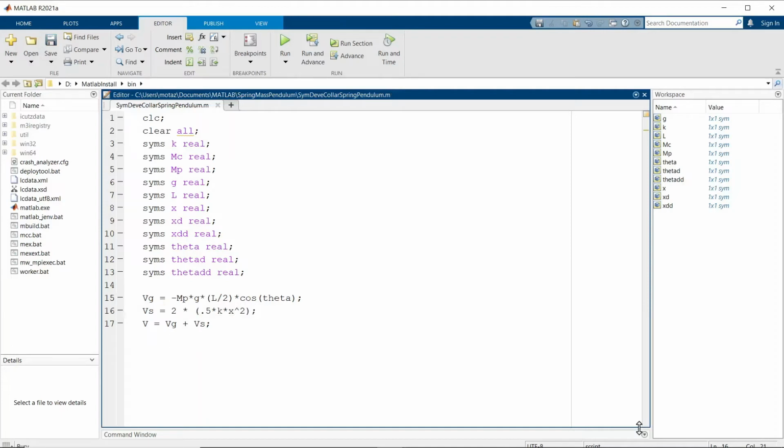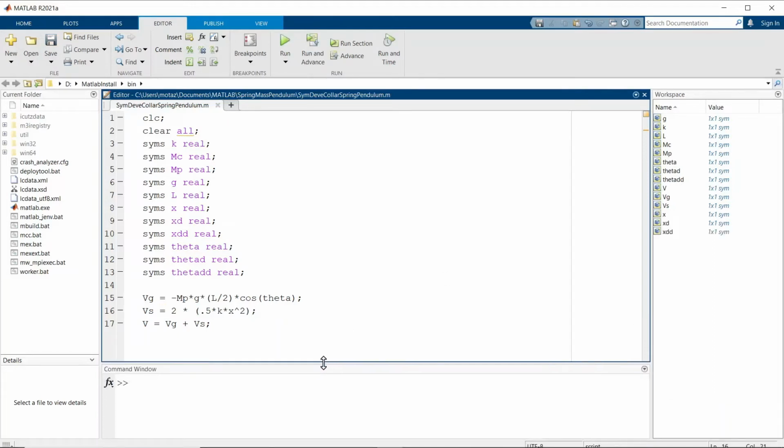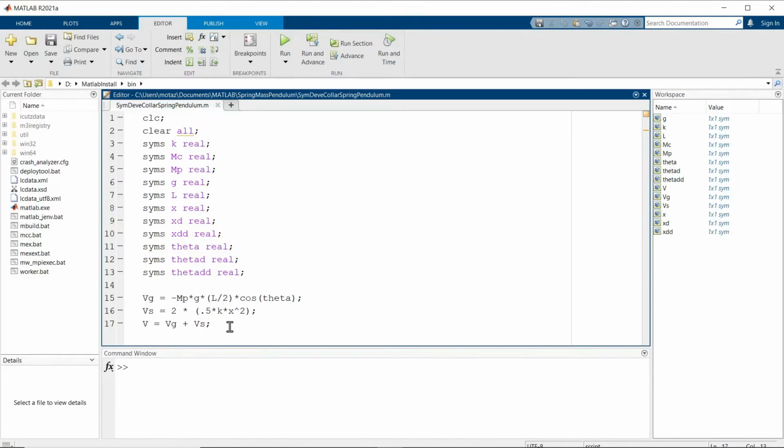And let's run that to get our potential energy. Okay, there's our symbolic term for potential energy. And now we do the kinetic energy.